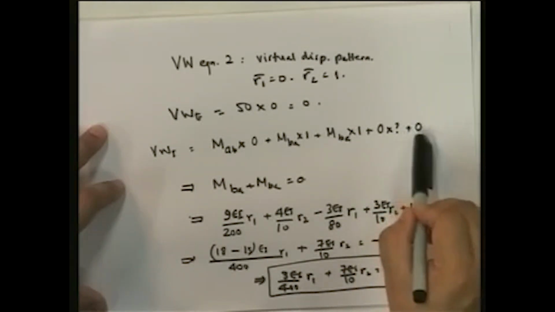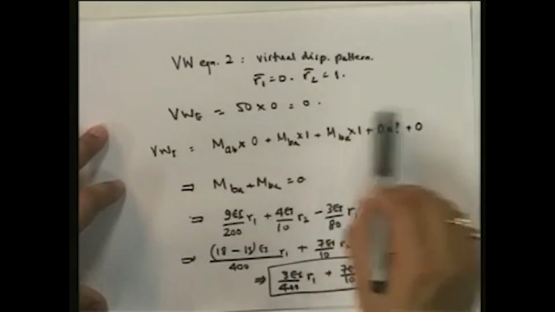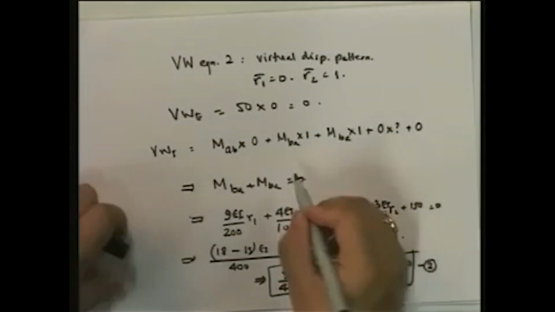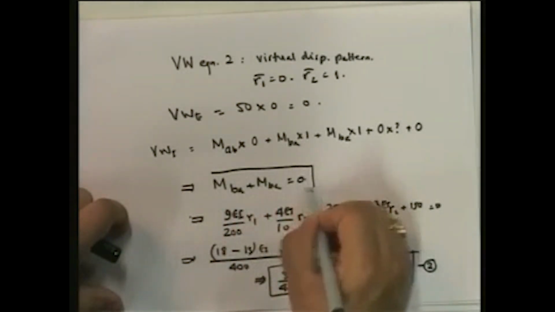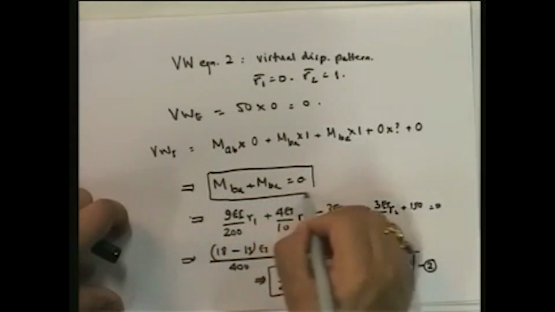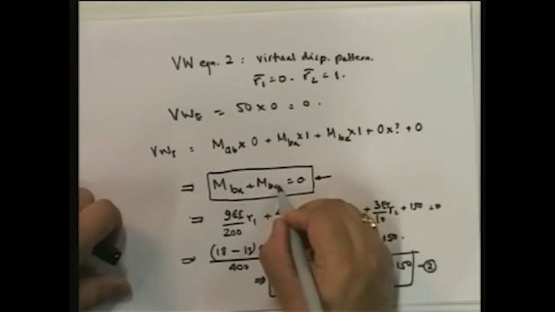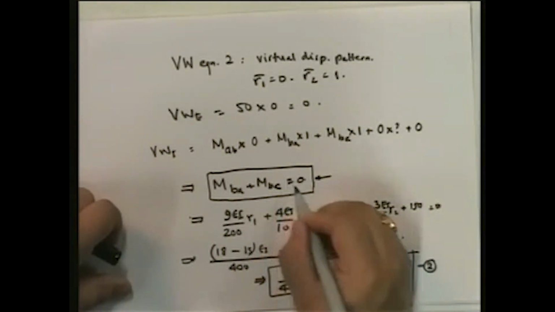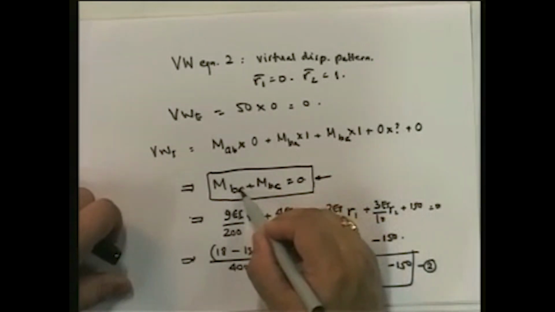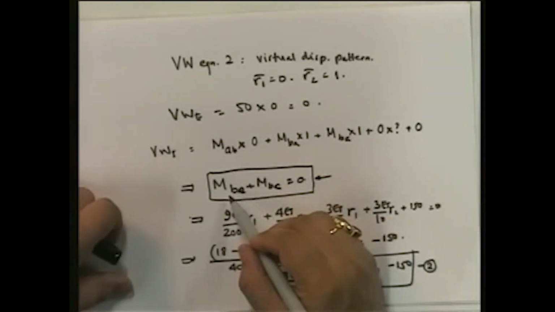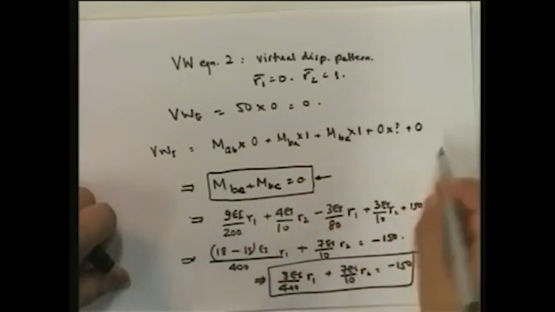And this is the work done by the 50 kilonewton because it does not undergo any displacement. So if you put this in, you get this equation, which is again, remember I told you that if you use the rotational kinematics, you essentially get back the equation that you would get by taking the equilibrium of joint B.